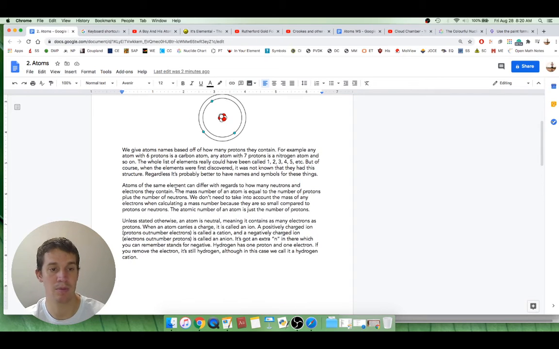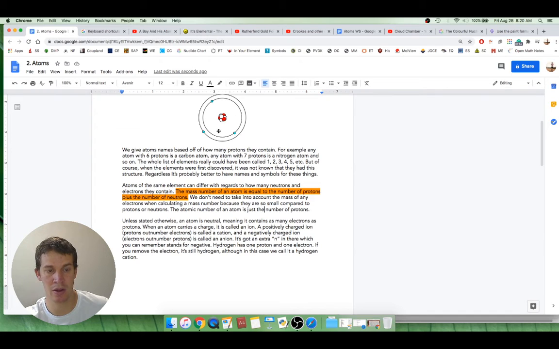There are a couple different properties that atoms have. The first one we're going to talk about is the mass number. The mass number is just the number of protons plus the number of neutrons. It's essentially the weight: how much does this atom weigh? It just weighs the nucleus, and the nucleus is made up of protons and neutrons.